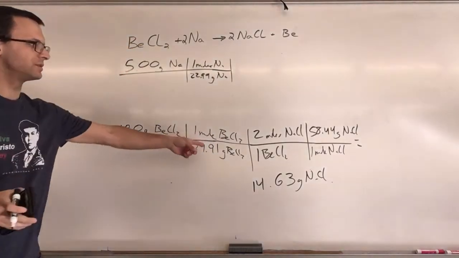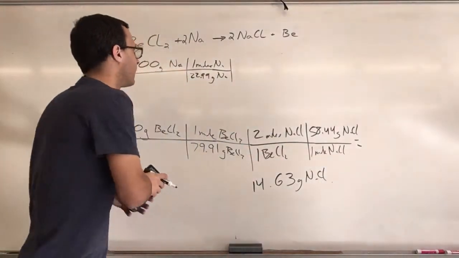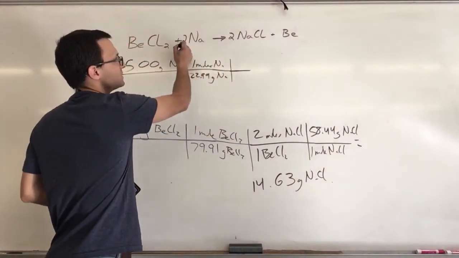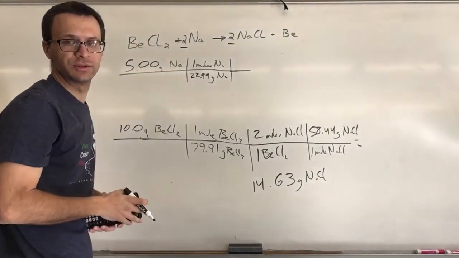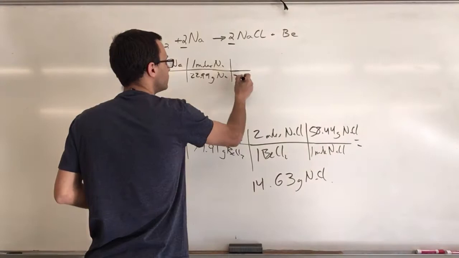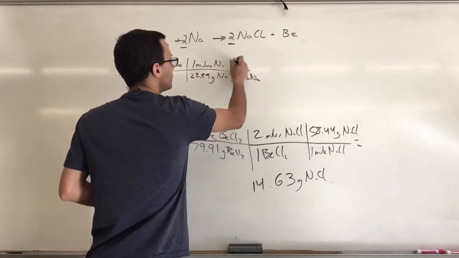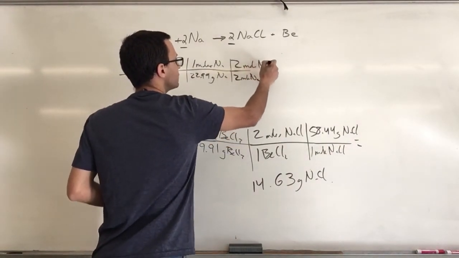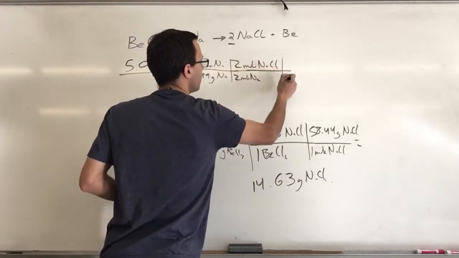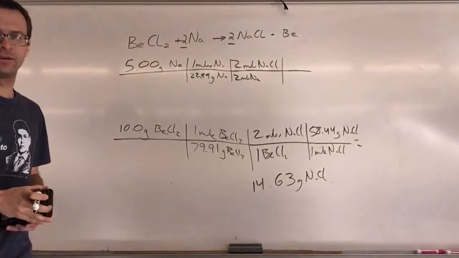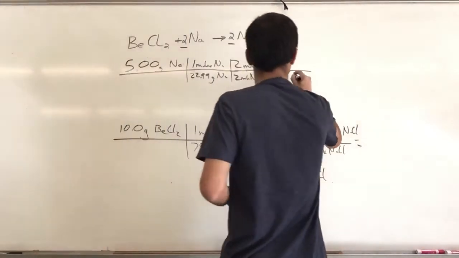Into moles, switch out of moles. Now we're going to switch substances. It's a 2 to 2 relationship, sodium to sodium chloride. So we have 2 moles sodium to 2 moles sodium chloride. And then we want to come out of moles into grams. So 1.